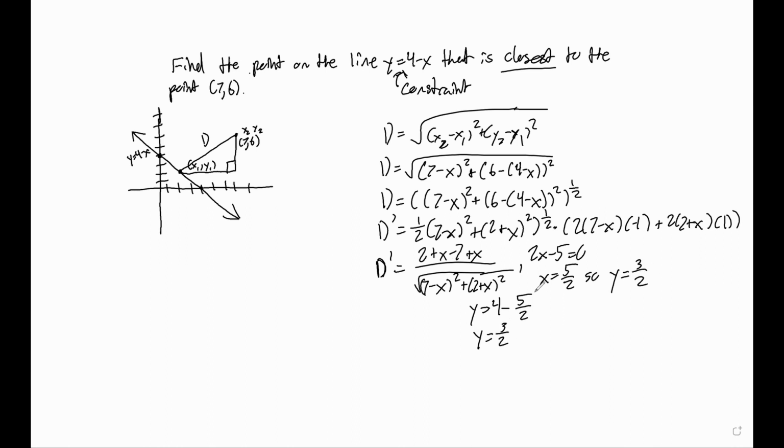So those are the point in this problem where we know that this is the closest to 7, 6. In this case, finding an interval is not as important because we already know that this question is hard enough. So we can just find the point and we know this is going to be the closest. And ultimately, this is how you're supposed to find this problem's answer. x is equal to 5 over 2, y is equal to 3/2.